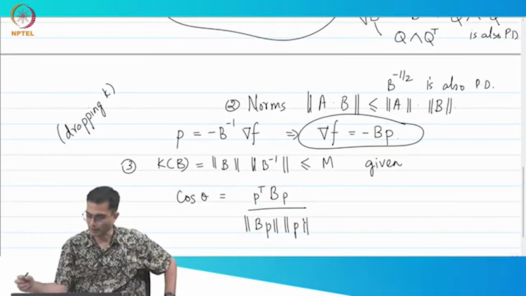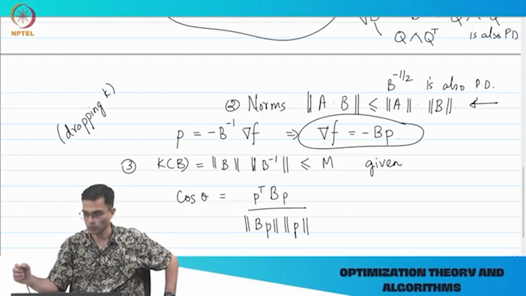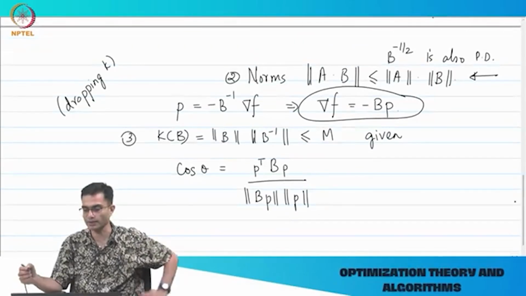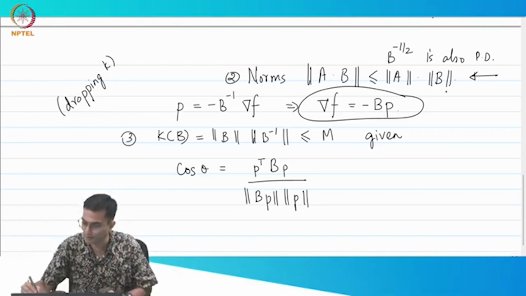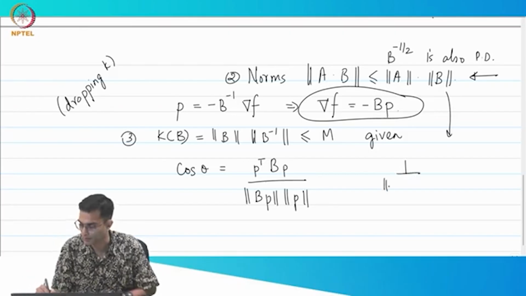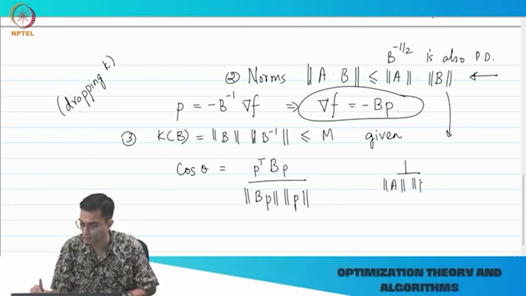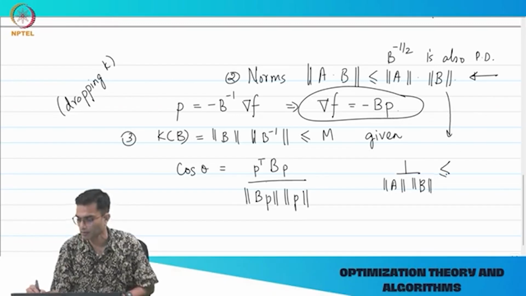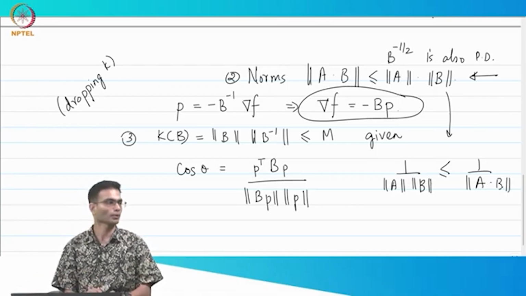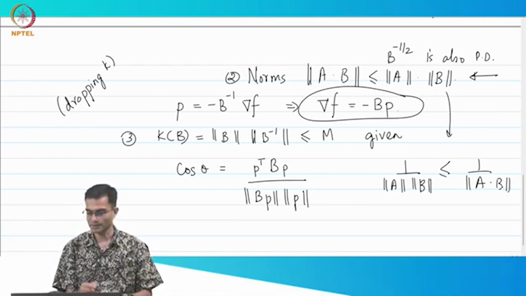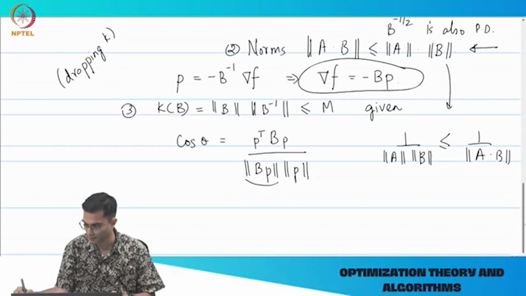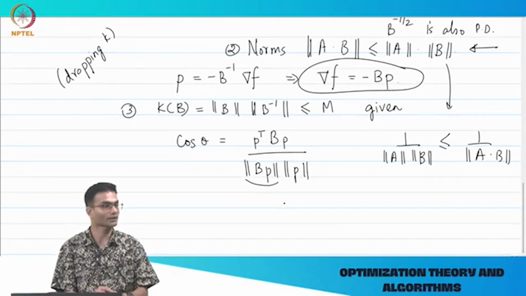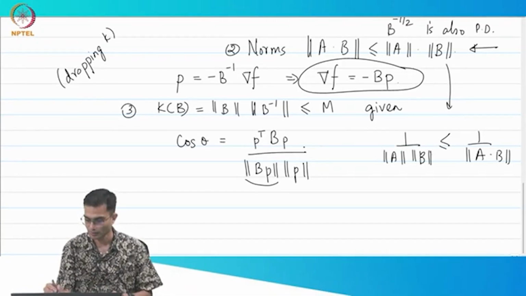So what we can do is take this inequality from 2. Inequality from 2 is saying that norm of AB I can split as norm A and norm B. If I take it in the reciprocal, what will this be? 1 by norm A, norm B. All are positive quantities, I can do this. So if I apply this over here, I'm trying to open up this expression.